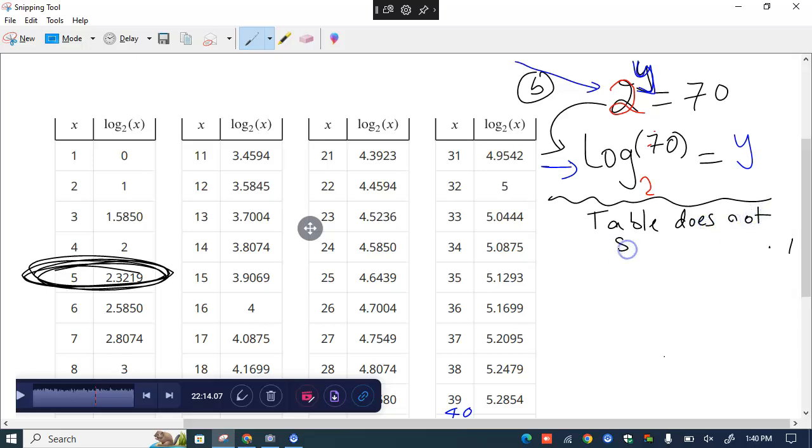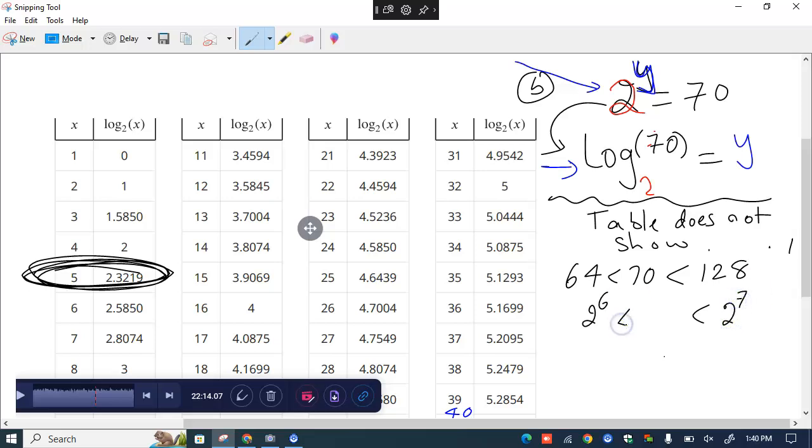If the table does not show, then what do we do? That means we need to approximate it between two numbers. Now 70 is between 64 and 128. You may wonder why I picked 64 and 128: 64 is 2 raised to 6, and 128 is 2 raised to 7.